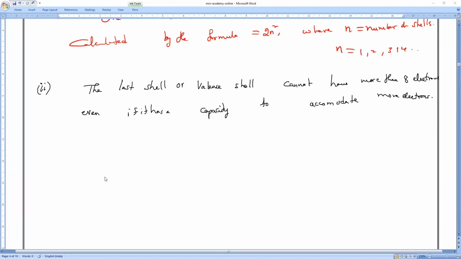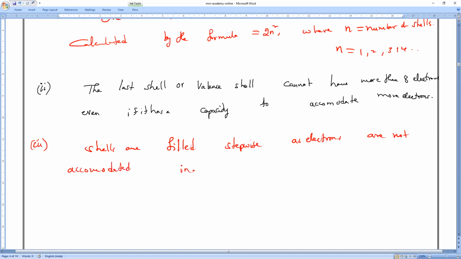Now the last point. This is also another crucial, important point. Shells are filled stepwise. Electrons are not accommodated in a given shell unless the inner shells are filled.